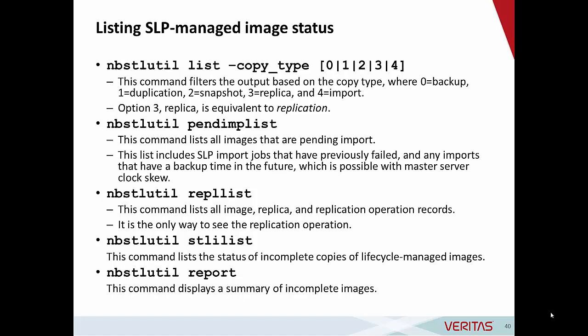I can list image, replica, and replication operation records. I can see the status of incomplete copies or a summary of incomplete images. This information is extremely useful in troubleshooting AIR, and it's a level of visibility as to what lifecycles are doing and what they have done that's not really visible from just looking at the activity monitor.